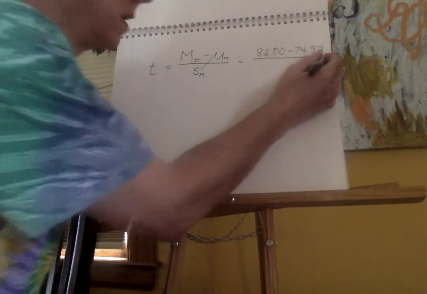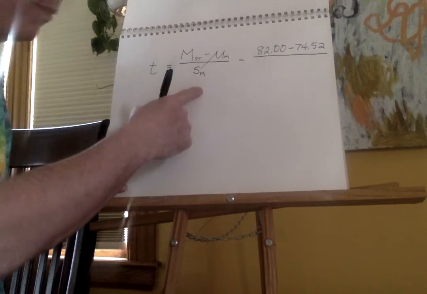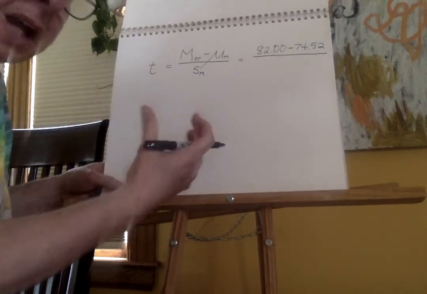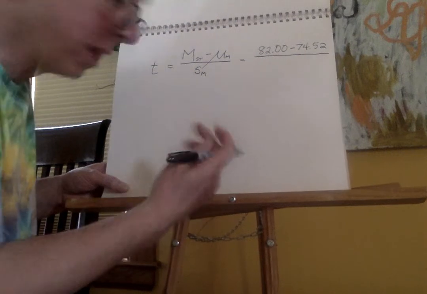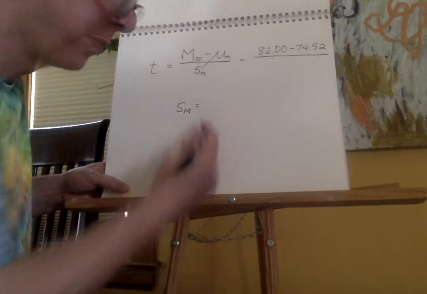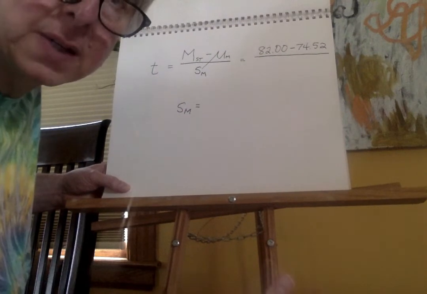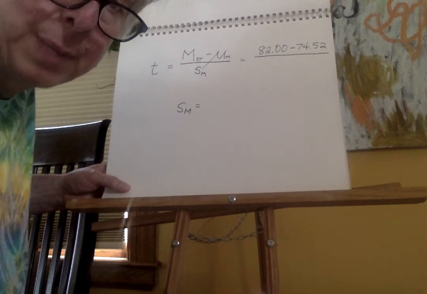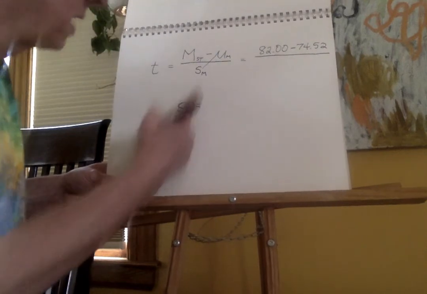But I need to take into consideration this measure of variability. So this is sort of the new thing, and I'm going to unpack this Matryoshka doll a little bit. I give these formulas when I give the exam, so you just need to sort of unpack it, pack it up, unpack it, okay? So what is S sub m?